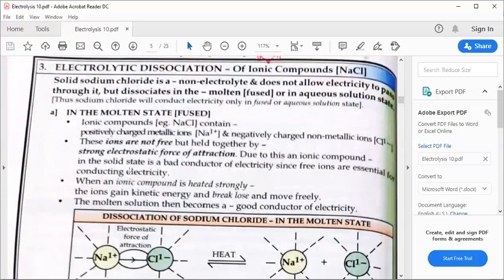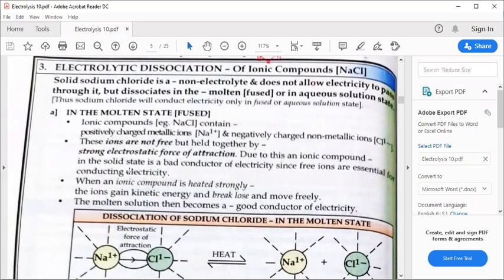Now, electrolytic dissociation of the ionic compound NaCl, we'll just do this and we'll stop. This is a very important thing because they ask a lot of give-reasons from this place. They ask: solid sodium chloride is a non-electrolyte, why? Because it does not have free ions, therefore it does not allow electricity to pass.